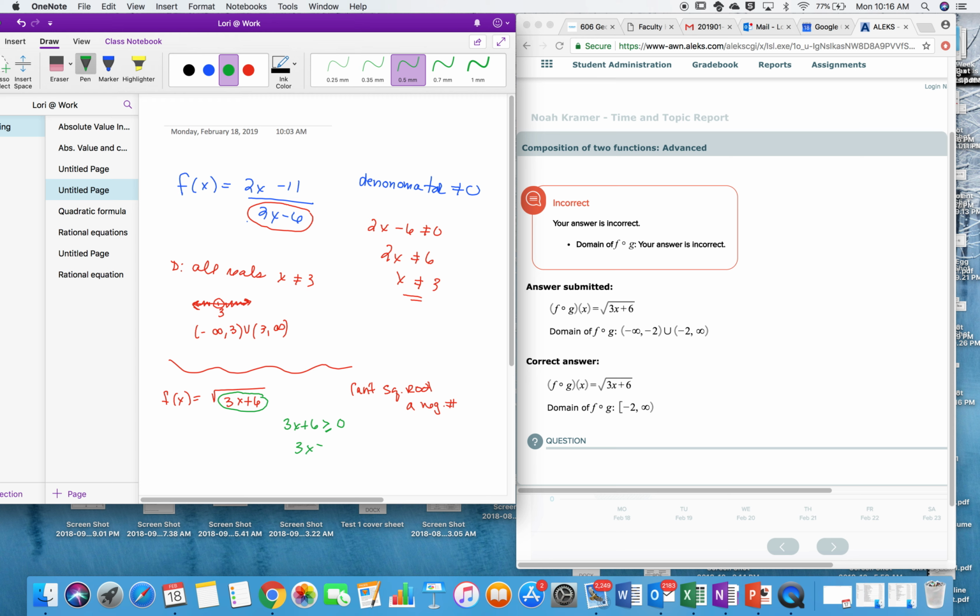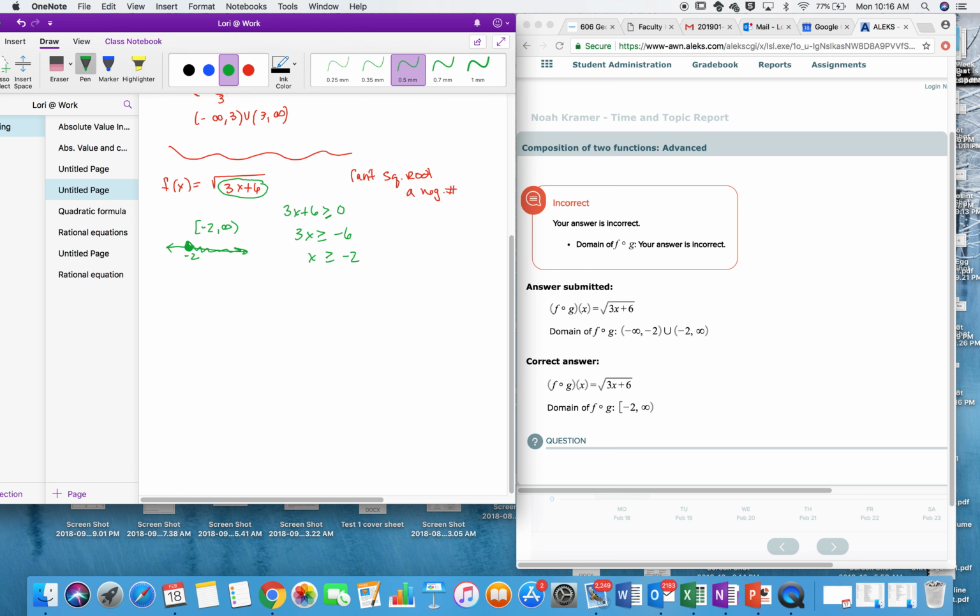So 3x would have to be greater than or equal to negative 6, so x would have to be greater than or equal to negative 2. So again, for interval notation, here's negative 2. We want numbers bigger, and then we would include the negative 2, because it's okay if this expression equals 0. The square root of 0 is 0. So my interval notation is negative 2 to infinity.